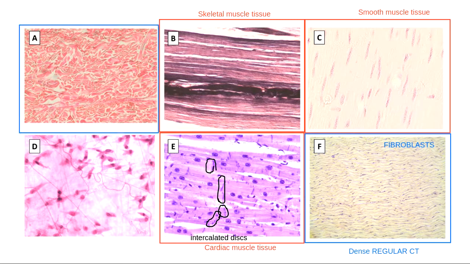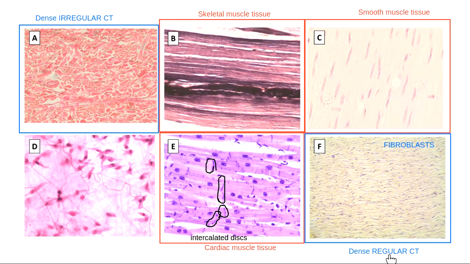Yeah, so multiple of us are correct in identifying this type of tissue. The type of tissue that I'm looking at right here is dense, irregular connective tissue. Dense, irregular. The only difference in the name of these types of tissues is whether it's irregular or regular. And we talked about this a little bit this morning.